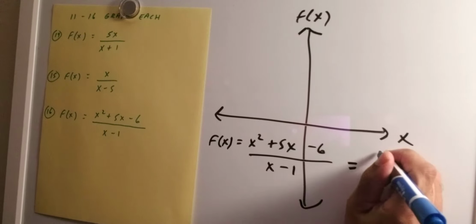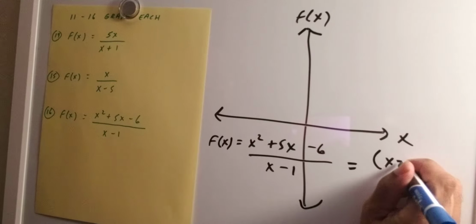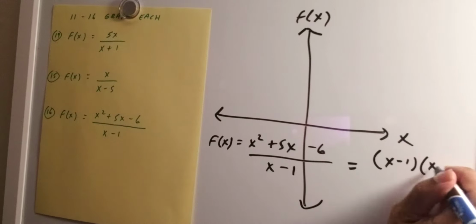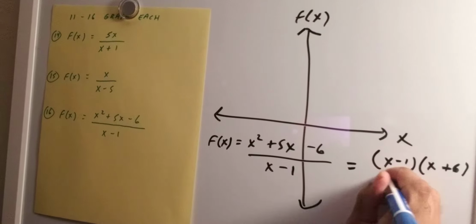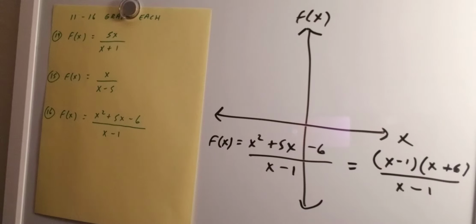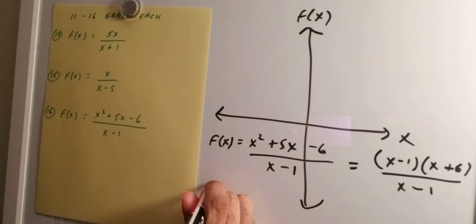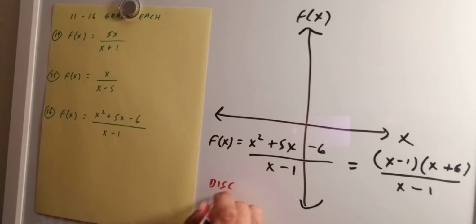That's going to factor to x minus 1 times x plus 6 over x minus 1. All right, we have x minus 1 canceling, so the discontinuity or hole is at x equals 1.